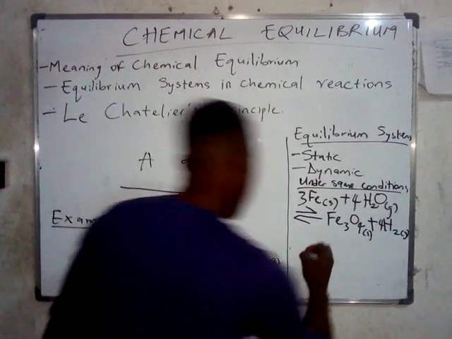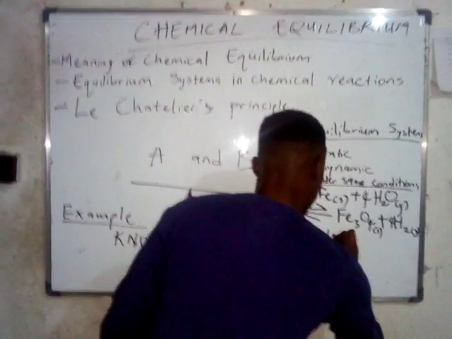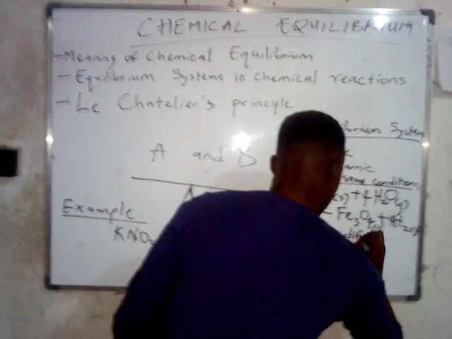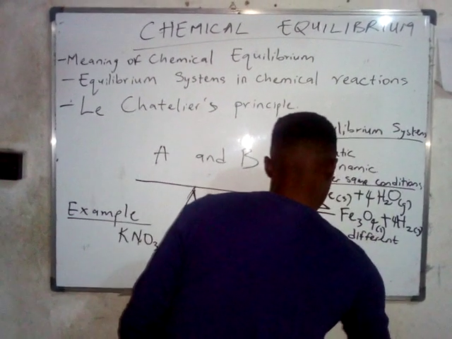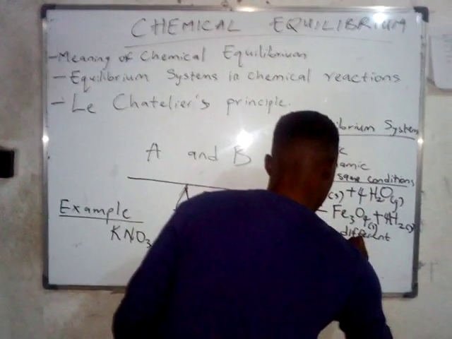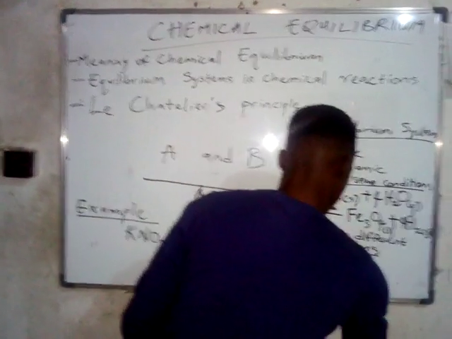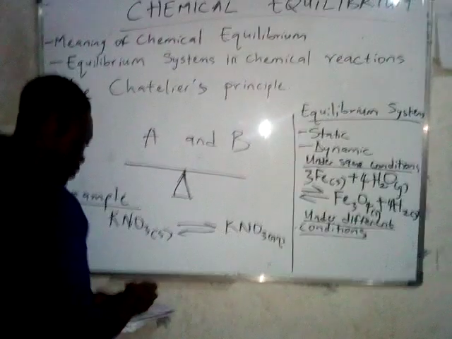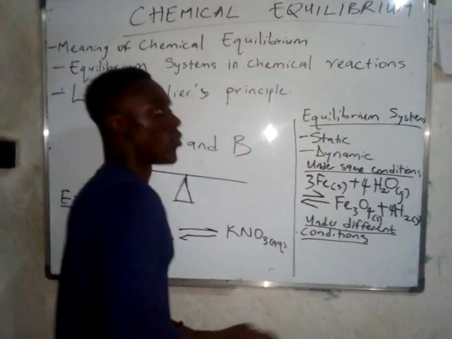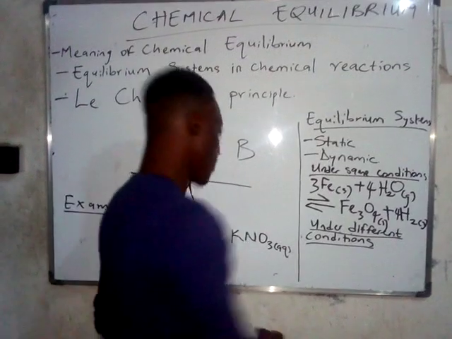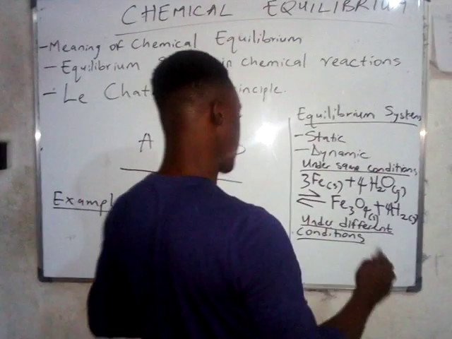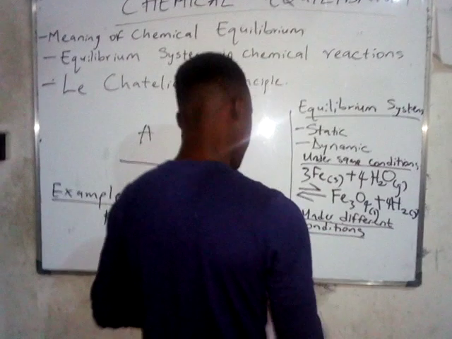And then let's look at under different conditions. Now, under different conditions, we're going to look at the decomposition of ammonium chloride to give you ammonia gas and HCl gas.